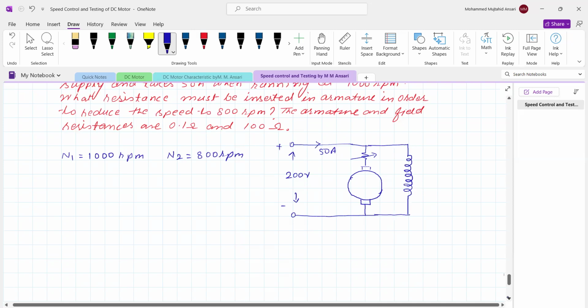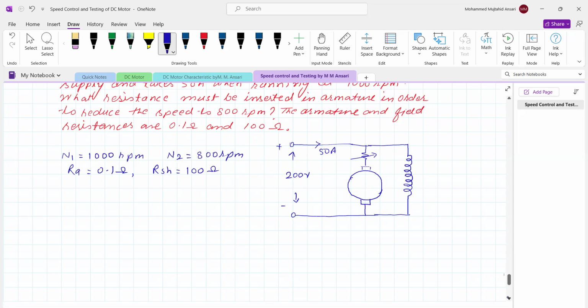Here the armature resistance is given as 0.1 ohm, and the shunt field resistance RSH is given as 100 ohms. Any more data? Yes, this is the data.